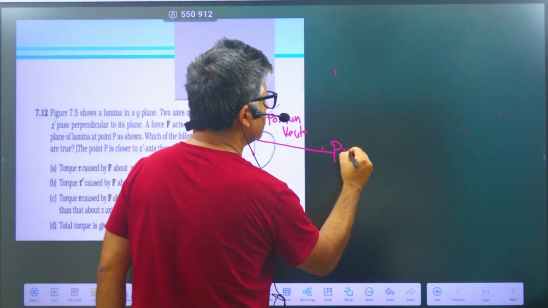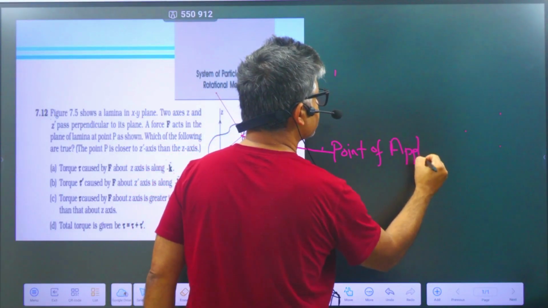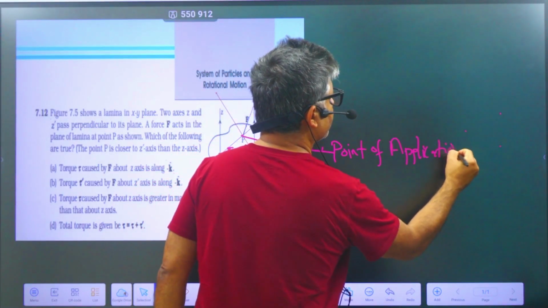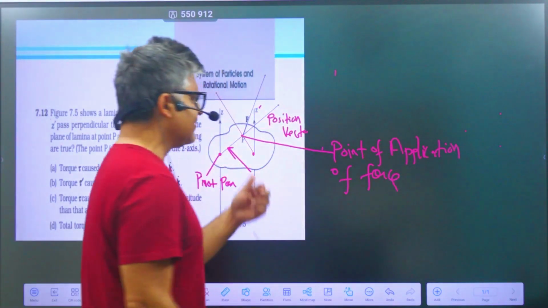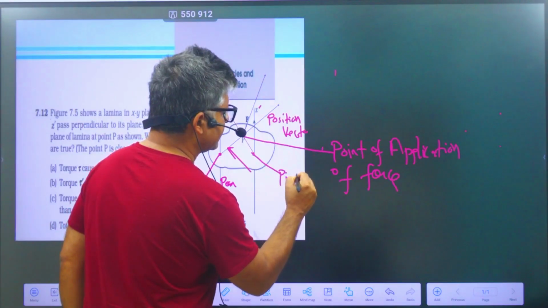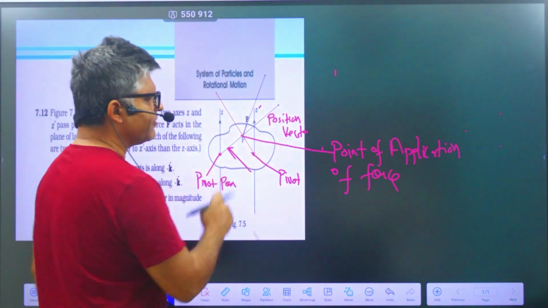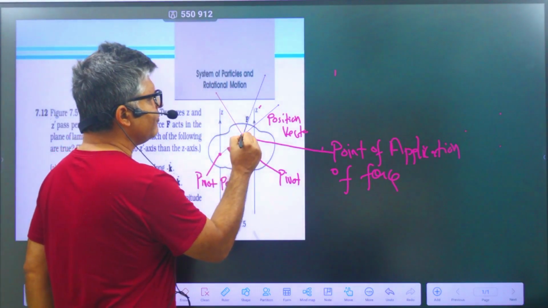So this is your point of application of force. Right? In the second case also, this is the pivot, and then I draw a position vector from the pivot to the point of application of the force, which is this.